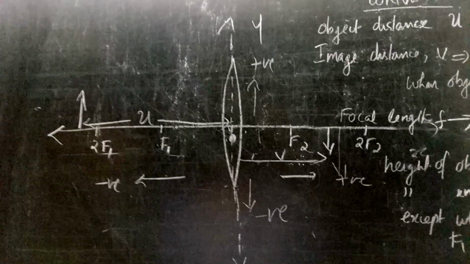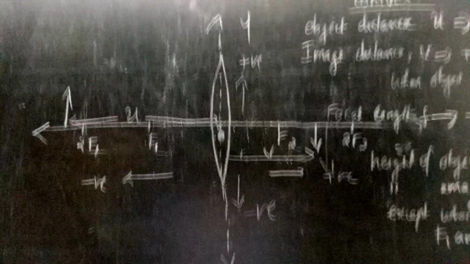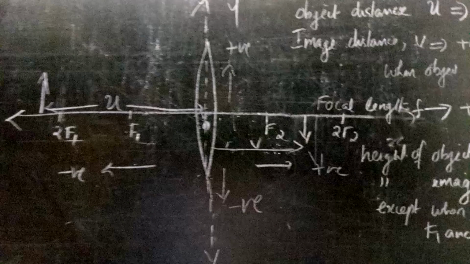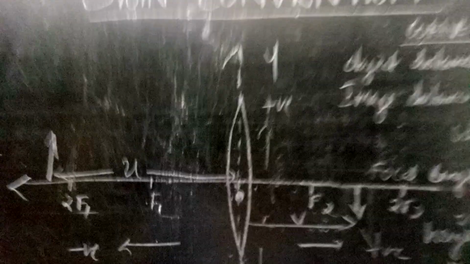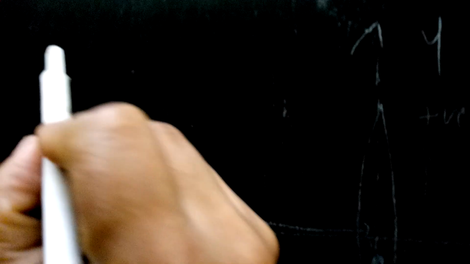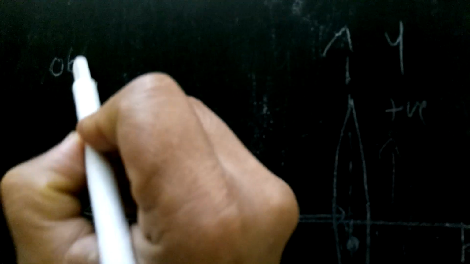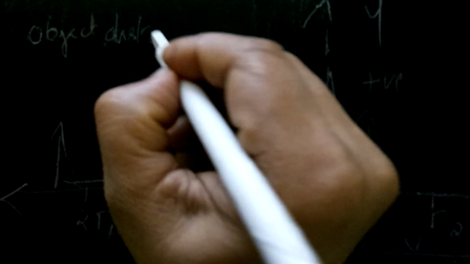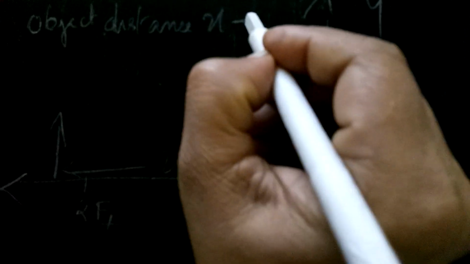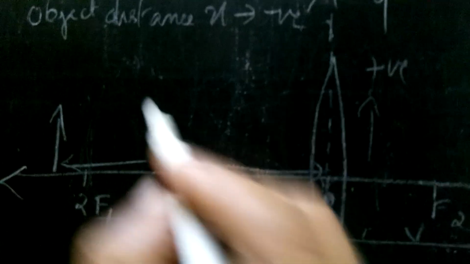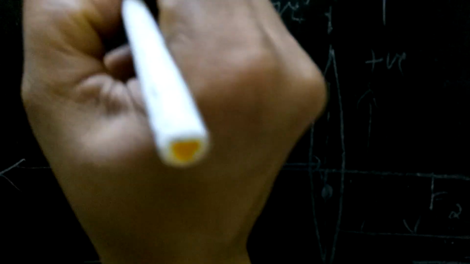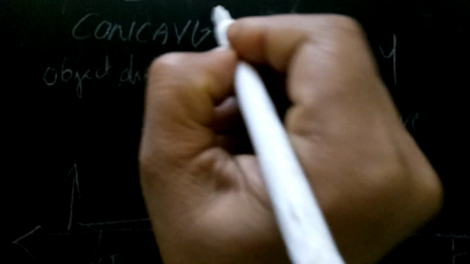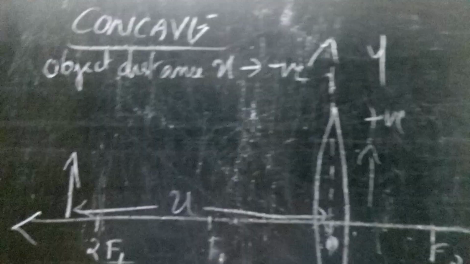Now, in the case of a concave lens also we can write the signs. Object distance u is negative.